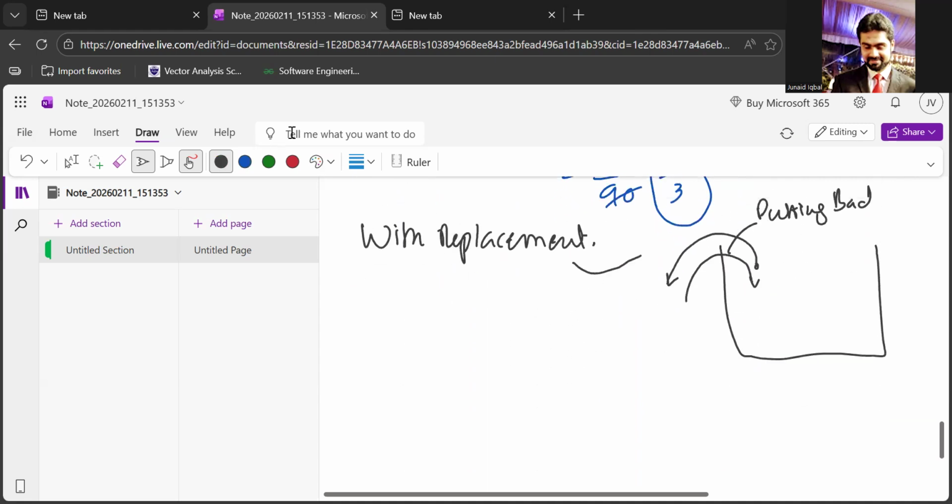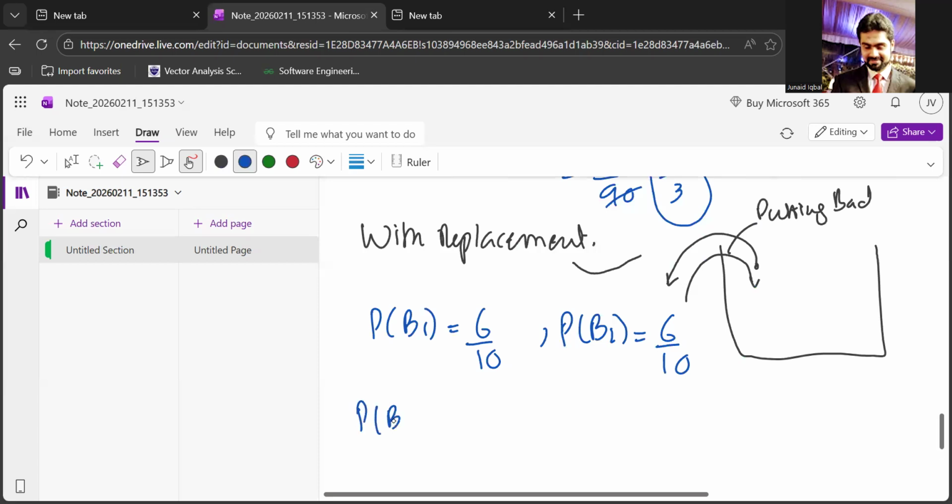So in the replacement condition, if I pick the blue B1, that is going to be 6 upon 10. And in the second attempt, if I pick the blue one, that would be 6 upon 10 because the number of balls is not reduced here.